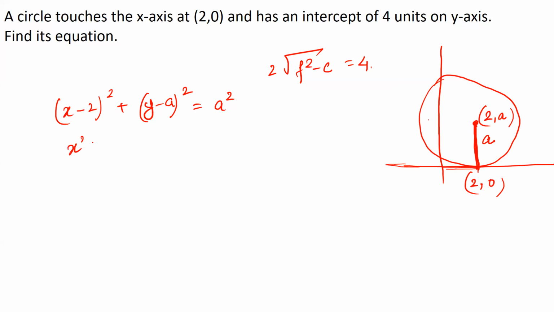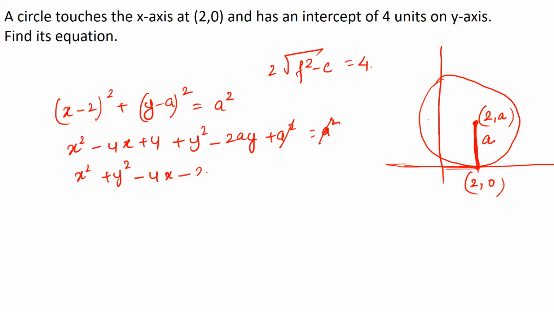What I get is x square minus 4x plus 4 plus y square minus 2ay plus a square is equal to a square. A square and a square cancel out. So I have x square plus y square, I'm just writing this down in the standard form, minus 4x minus 2ay plus 4 is equal to 0.